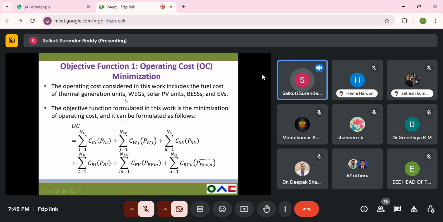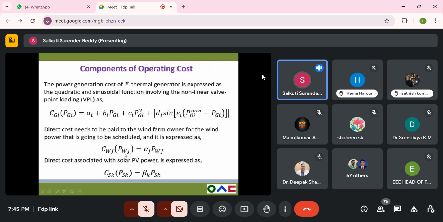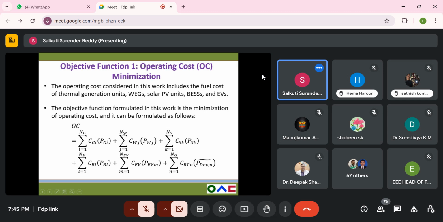Here we have two objectives. One objective is cost minimization. It is formed like this. And each term in this covers thermal generators, wind generators, solar, batteries, electric vehicles, and some kind of uncertainty, where any deviation power can be determined.